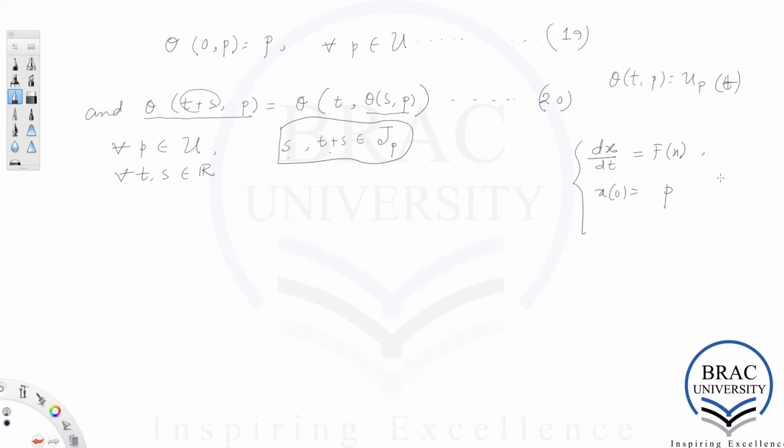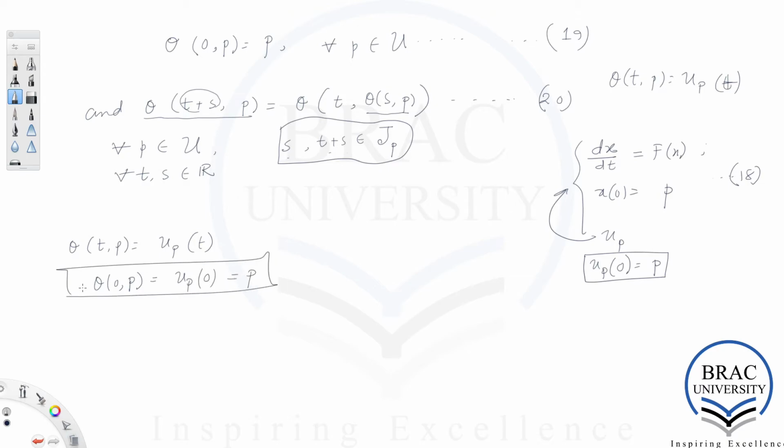This was IVP 18, right? And since u sub p solves this IVP, one must have u sub p at 0 equal to p, right? And we already know that theta t comma p is u sub p of t. Therefore, theta 0 comma p must be equal to u sub p of 0, which is equal to p. So this makes sense, right?